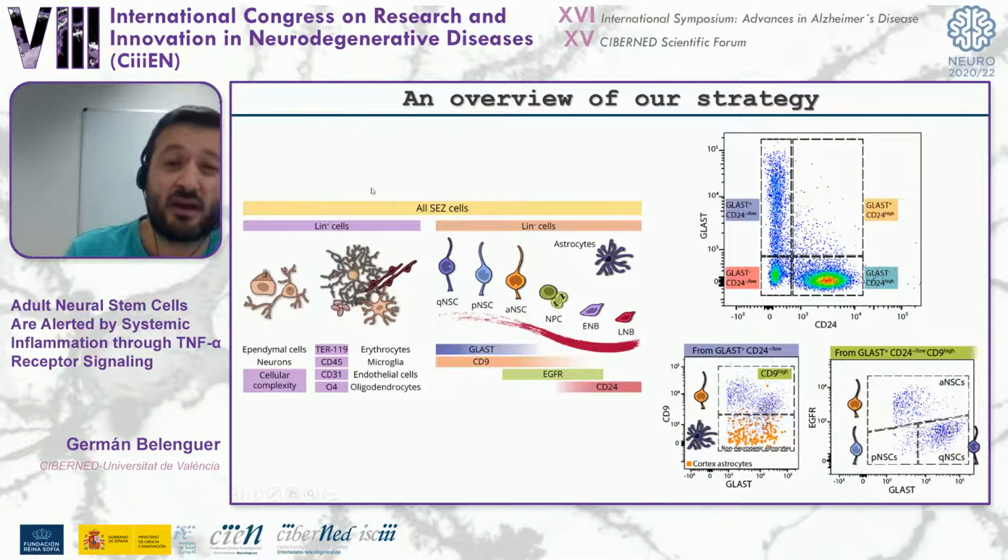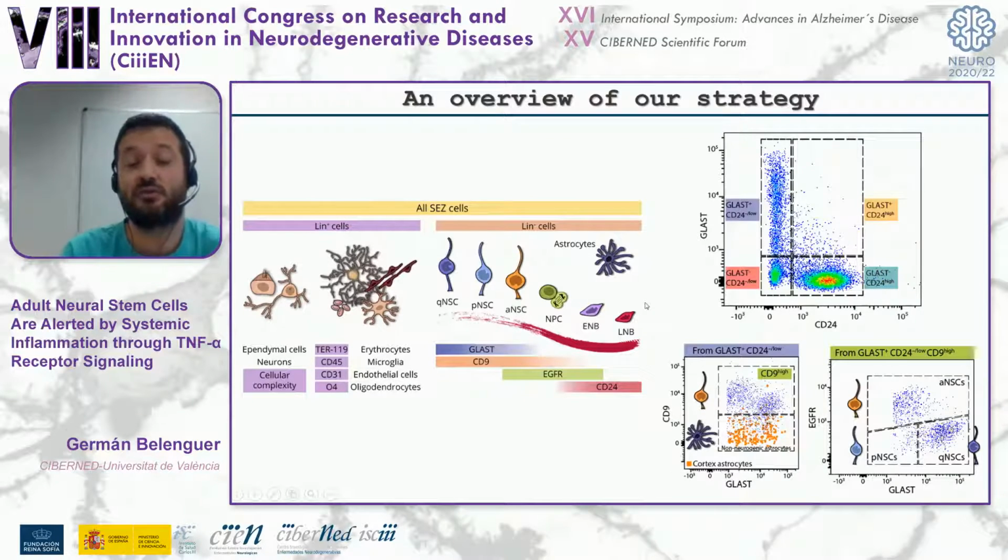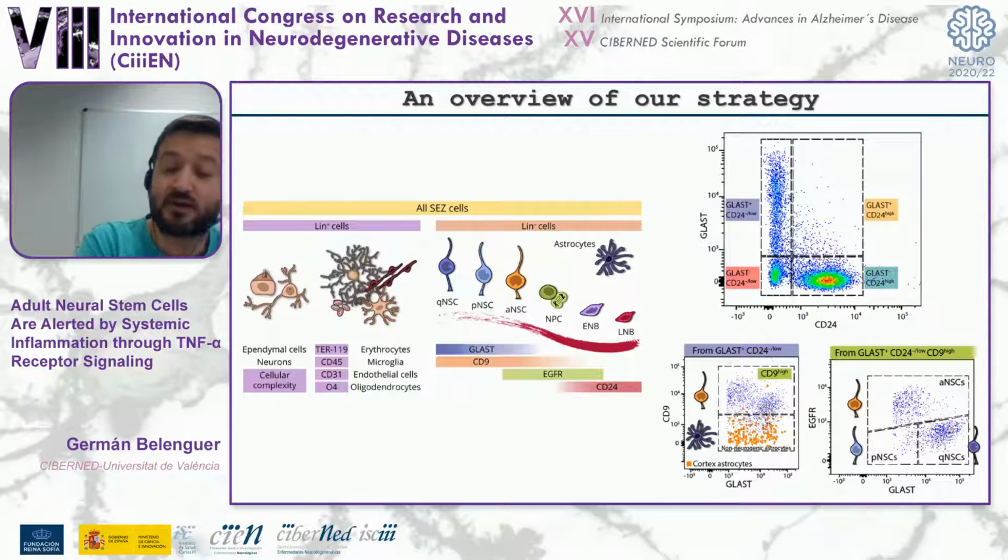This is the overview of our strategy, which is based on a first exclusion of non-neurogenic related cells to later stratify our neurogenic lineage by the expression, on one side, of the origin as an associated marker, and on the other side, CD24 as the progression of the neurogenic lineage.